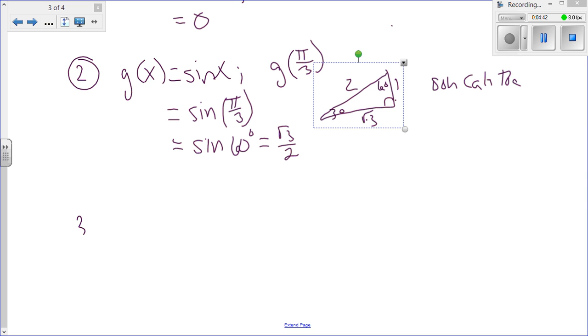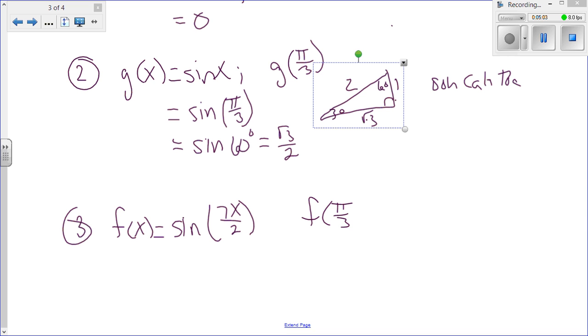And then for number 3, we have f of x equals the sine of 7x over 2. We're going to evaluate f of pi over 3. In place of x, I'm going to put pi over 3, which in the last problem we figured was 60, because it's 180 divided by 3.